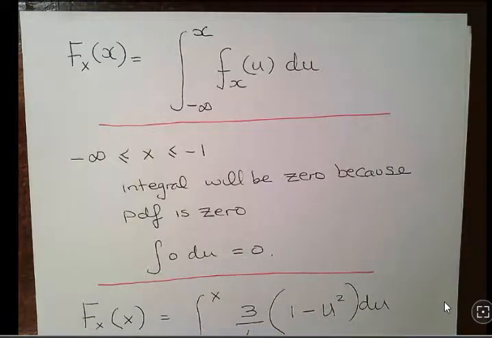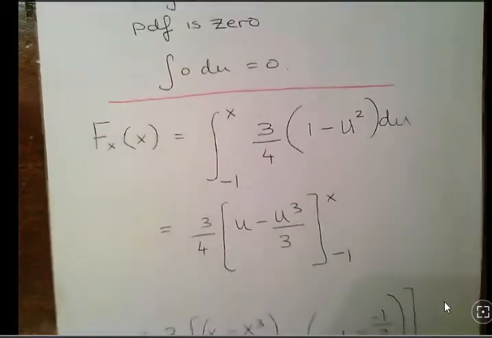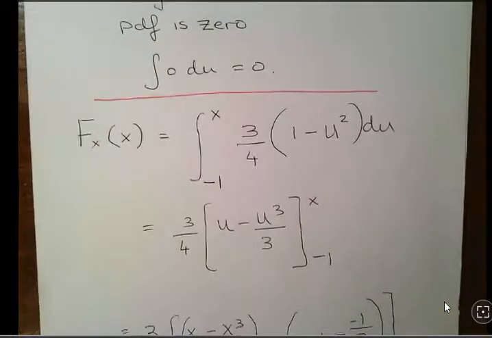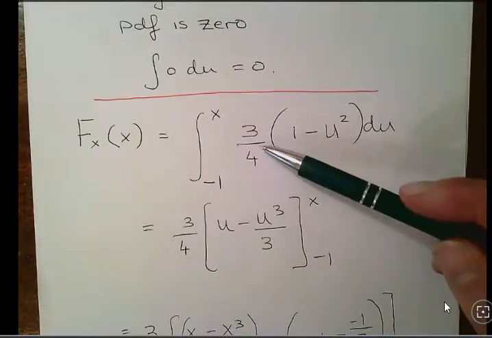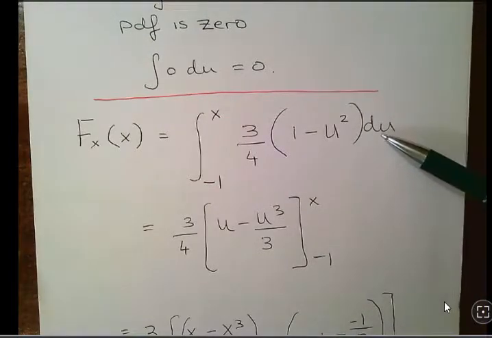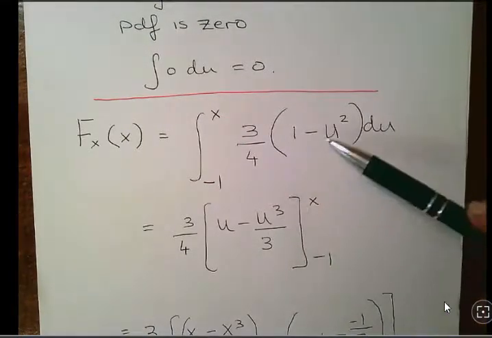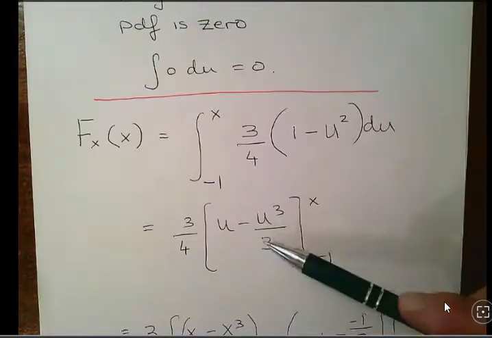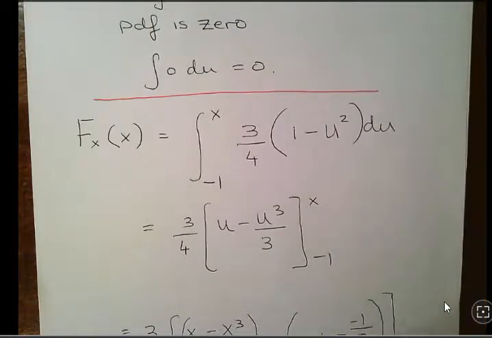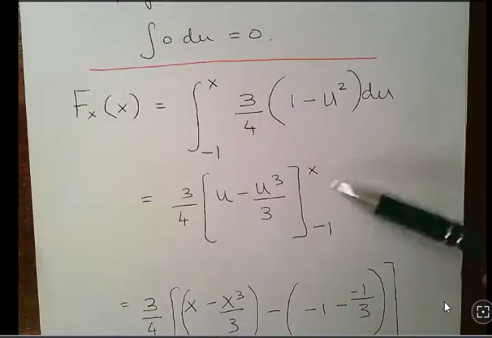That's why we skip to the main part here, which is from minus 1 to x, 3/4, 1 minus u squared du. We've seen this already: 1 minus u squared, we integrate that, we get u minus u cubed over 3. We did something similar in the previous part of the question.